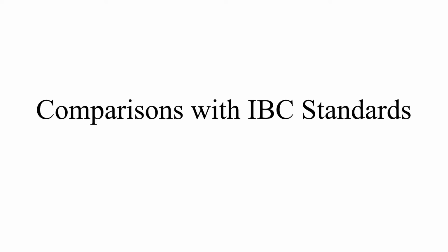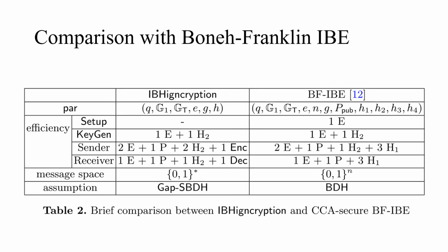Finally, we compare our construction with several important IBC standards. In comparison with the CCA secure Boneh-Franklin identity-based encryption, our IB-HIGH encryption scheme has much simpler, much shorter public parameters, and also has a much simpler setup stage.